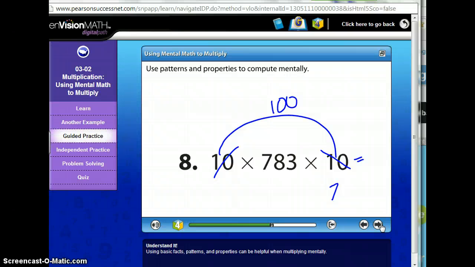Kaden, pretend the zeros aren't there. What is 1 times 783? Now, put 2 zeros in. Do you know that answer? Can you read that number? 78,300 is correct. You guys rock.